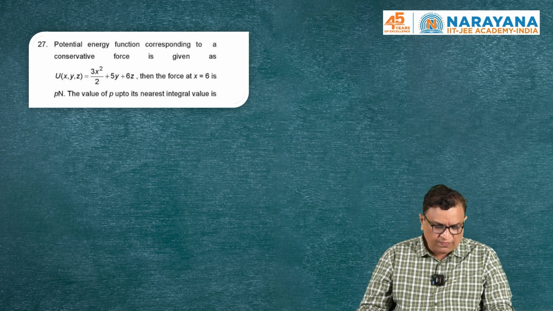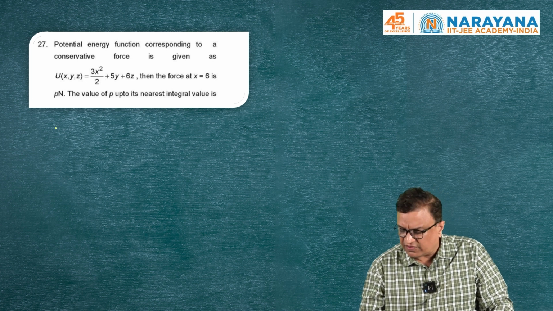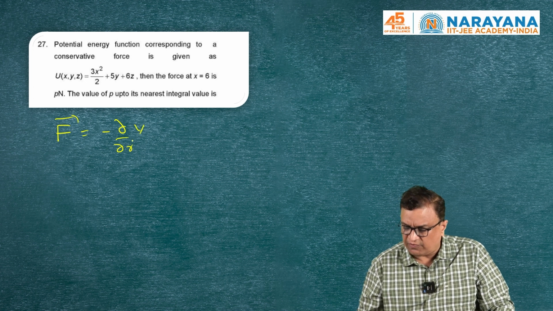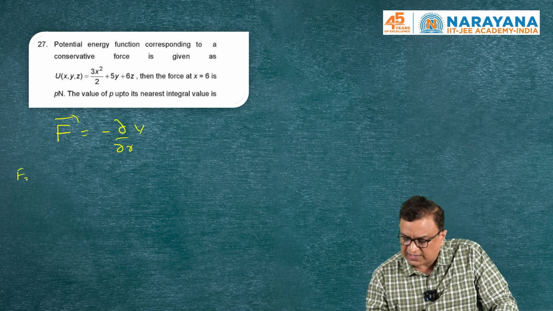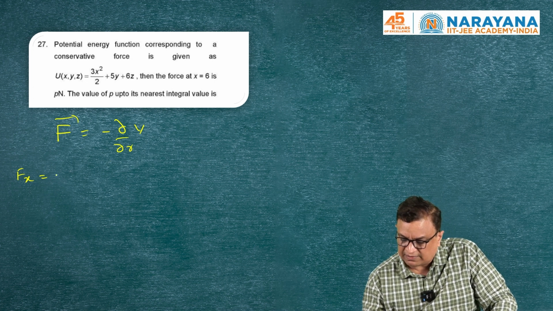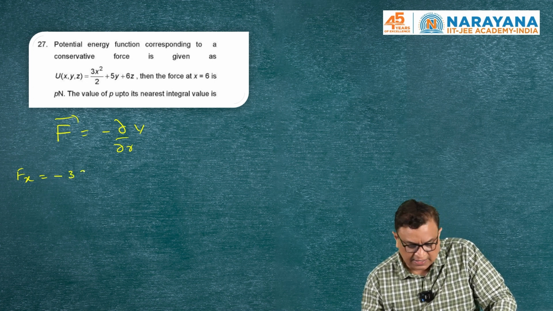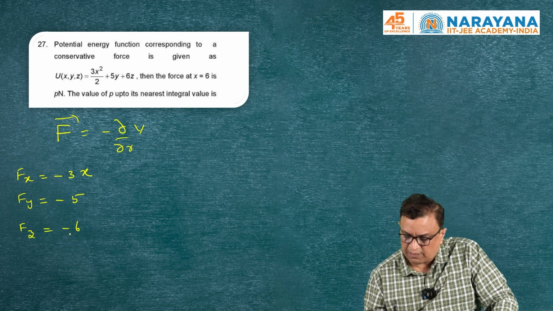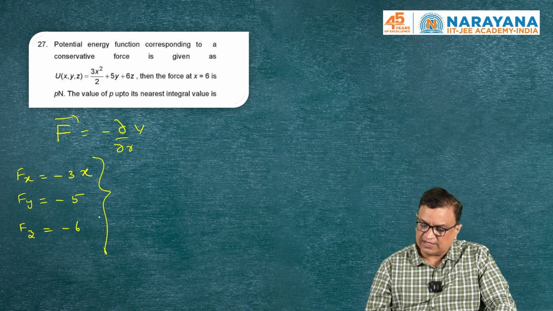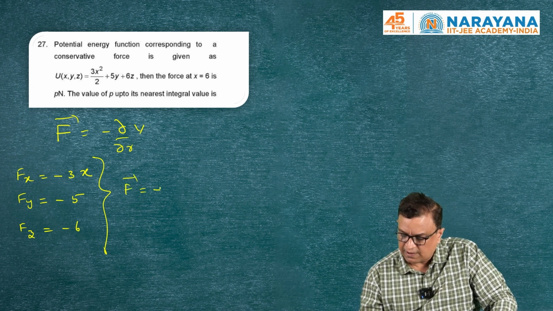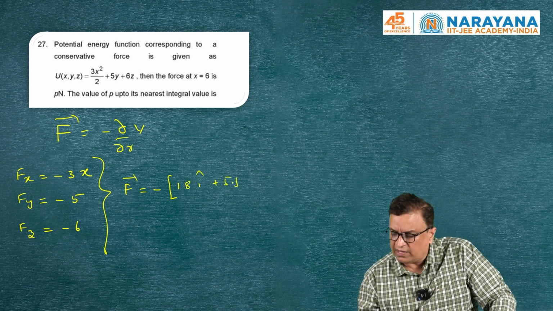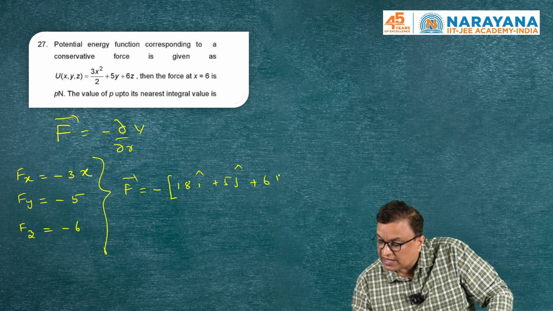Basically, for questions of this type, F bar is minus dou by dou r of V. In this case, Fx becomes minus 3x, Fy becomes minus 5, Fz becomes minus 6. You are asking at x is equal to 6. So F bar becomes minus of 18 i cap, 5 j cap, 6 k cap.